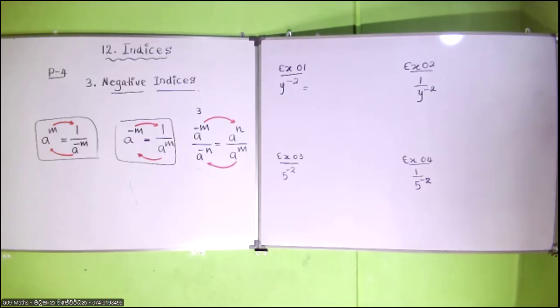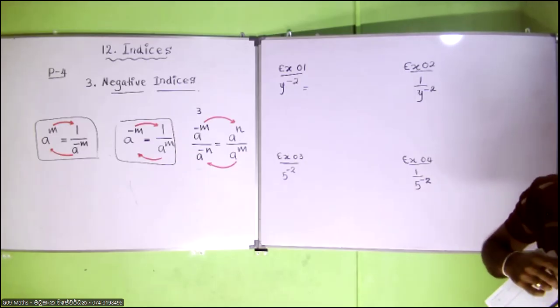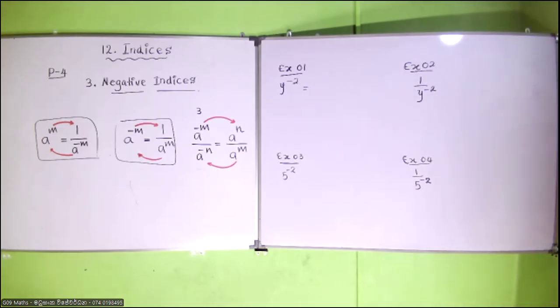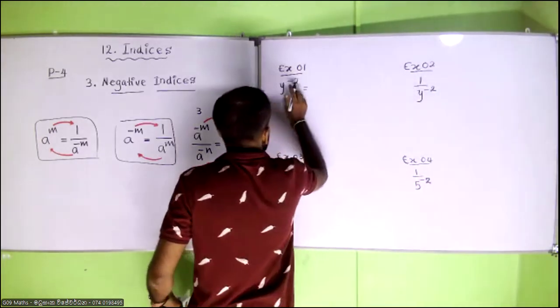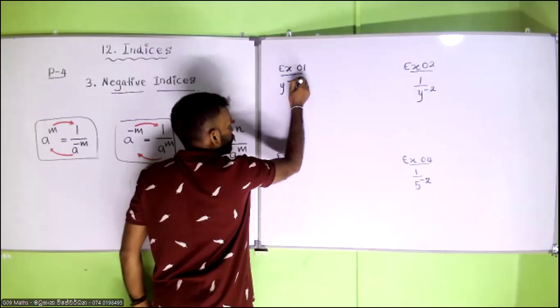Right, okay, super. We have Anugia, who sent me the answer. Nice, super. So here, y to the power negative 2.